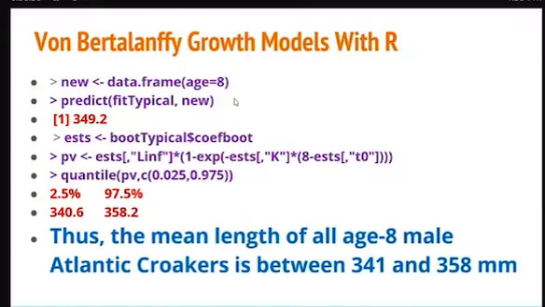The essence of looking for a function that depicts the relationship between the length of the fish and the age is to make a prediction if I know the values of age. So when we use the model fit, that will give me 349.2.